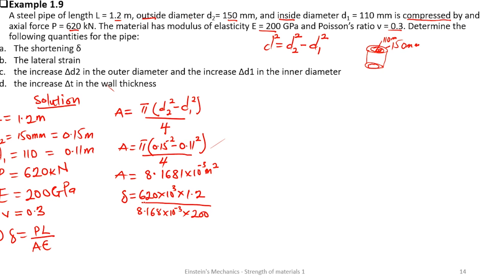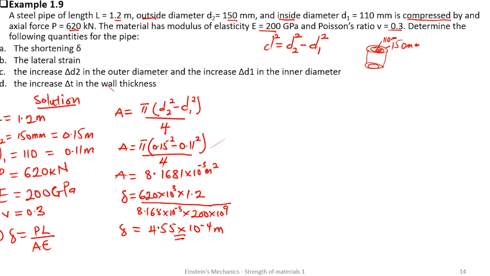Remember the giga raised to the power 9. And I'm getting my shortening to be 4.55 times 10 to the power negative 4 meters. You can multiply by 1,000 to get the answer in millimeters. So this is the shortening. There was a decrease when the force compressed the steel pipe. There was this amount of compression produced. Very good. Let's go to the B.